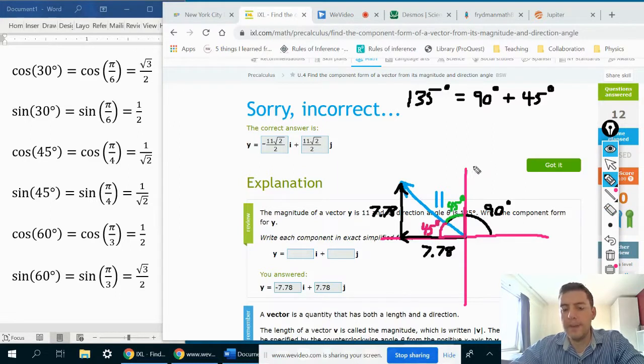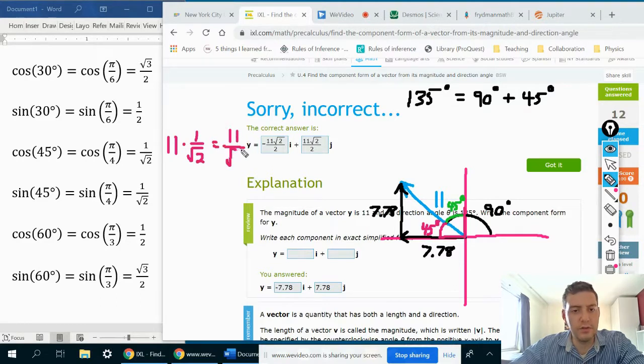Okay, now let's go back to the, you know what, this is getting very messy over here. So we want to be looking at 45 degrees. Where do I have space to write this? So the magnitude was 11. So if we do 11 times the cosine of 45 degrees, then that would be 11 times 1 over the square root of 2, which is 11 over the square root of 2.